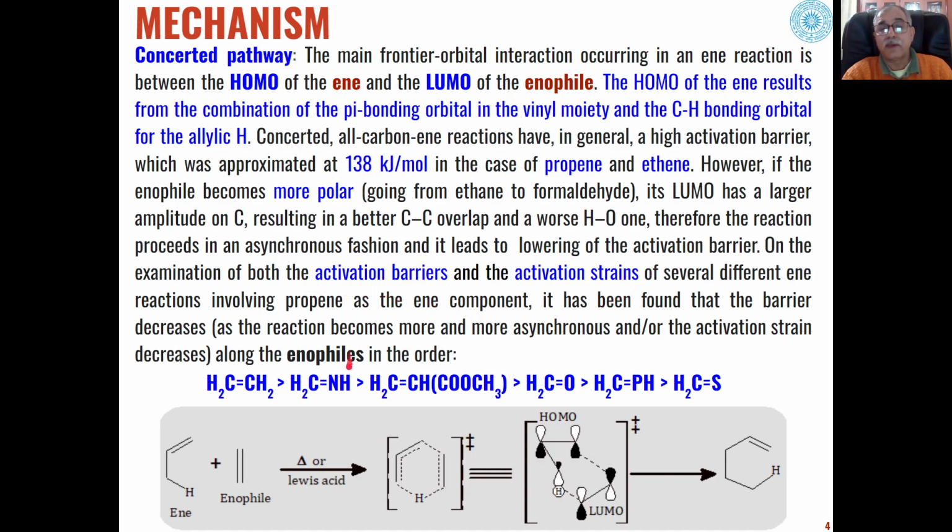Then the order of activation energy in the case of enophiles is that alkene is highest, then imines, that is, carbon-nitrogen double bond, then the carbon-carbon double bond replaced by more polar groups like an ester group, carbonyl group, phosphorus group or sulfur group.